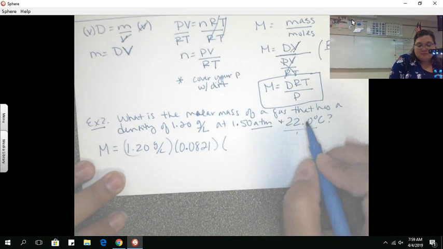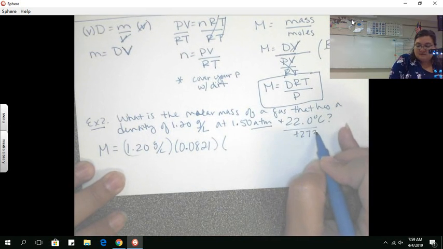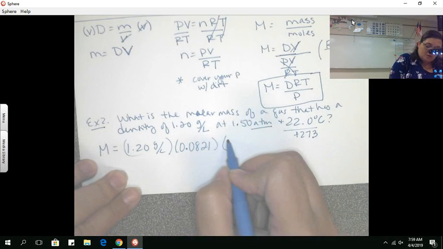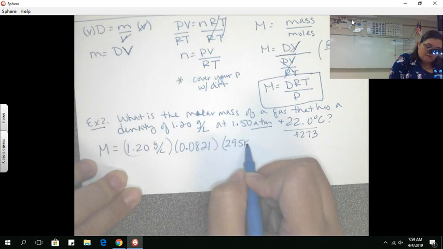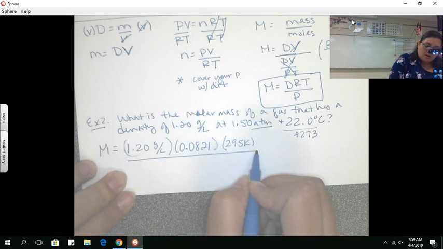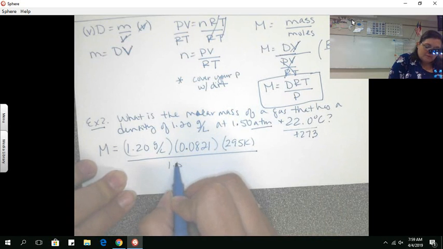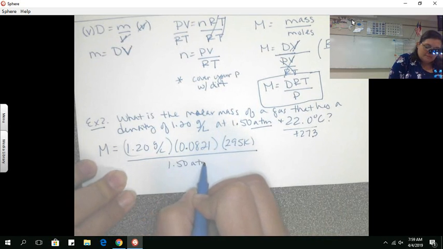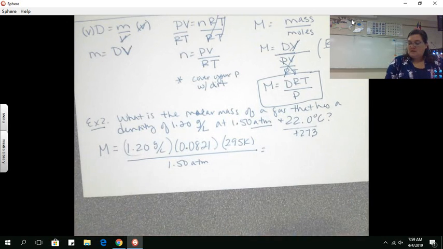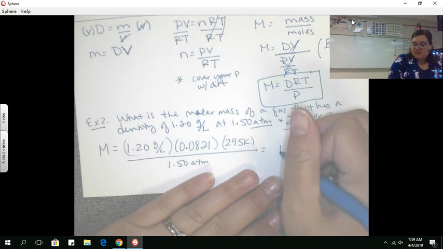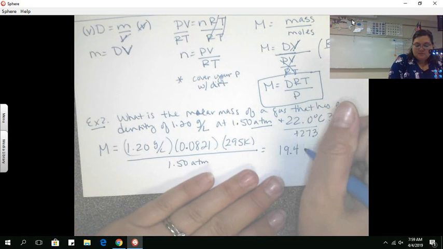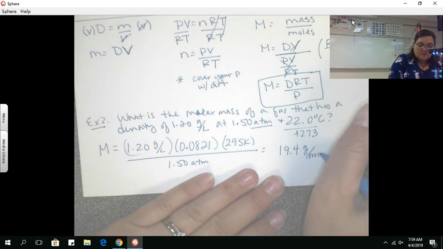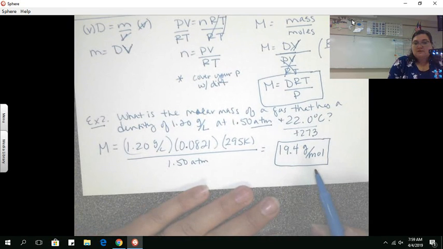So remember, we have to add 273 to this, and we get 295 Kelvin, over our pressure, which is 1.50 atm. Right? And when we multiply and divide, we get 19.4 grams per mole. Again, we found molar mass, and so the unit is grams per mole.